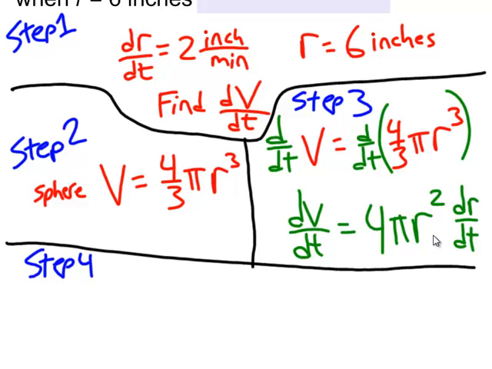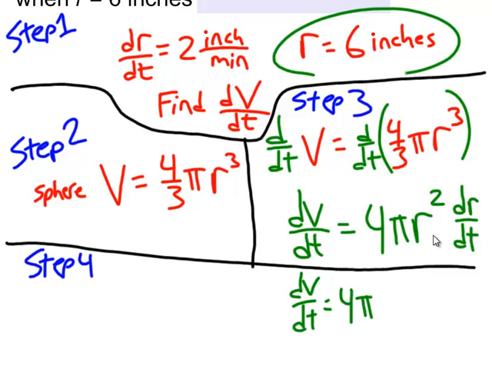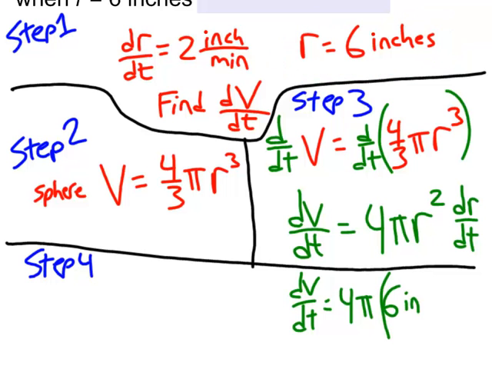Into this equation over here, we'll get dv over dt equals 4 pi. R in this case, r was given to be 6 inches. So let's put 6 inches squared. And then dr over dt is 2 inches per minute. So 2 inches per minute.